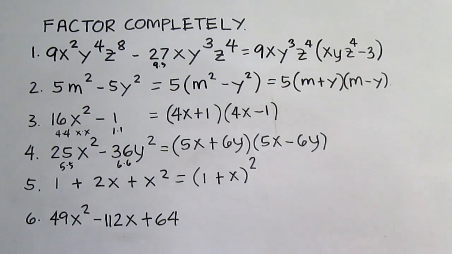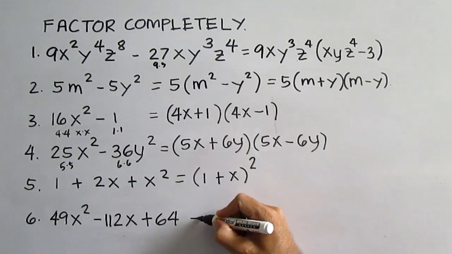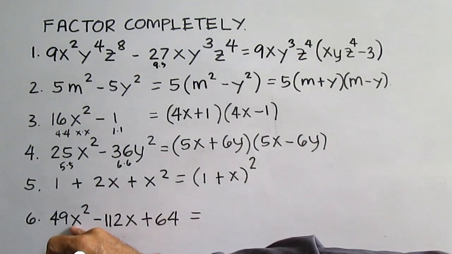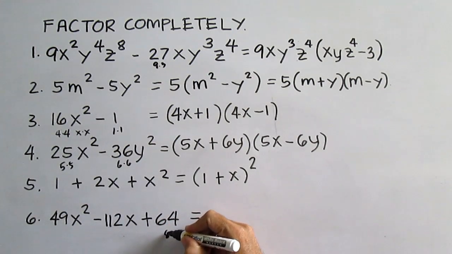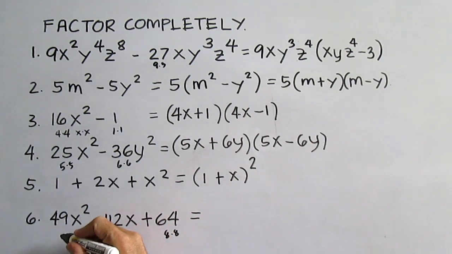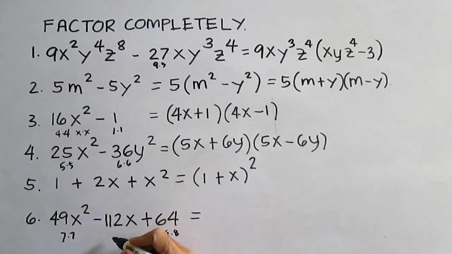Number 6 is also a perfect square trinomial. The first term is a perfect square. The third term is also a perfect square. The middle term is just twice the product of the square root of the first term and the square root of the second term.